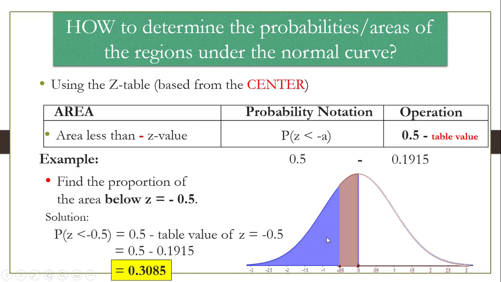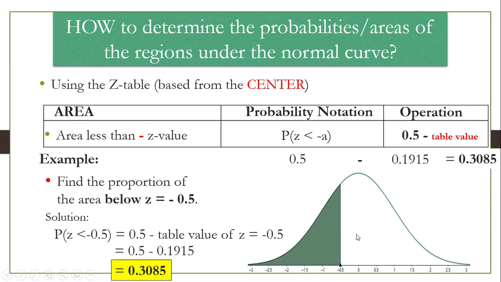To get this excess, we have the 0.5, the whole half, and then we get the 0.1915, which is this pink. If we subtract this pink area from the blue area, we get the remaining area, which is the probability of z is less than negative 0.5. So, we will have this one, 0.3085. Okay? So, it would look like this.